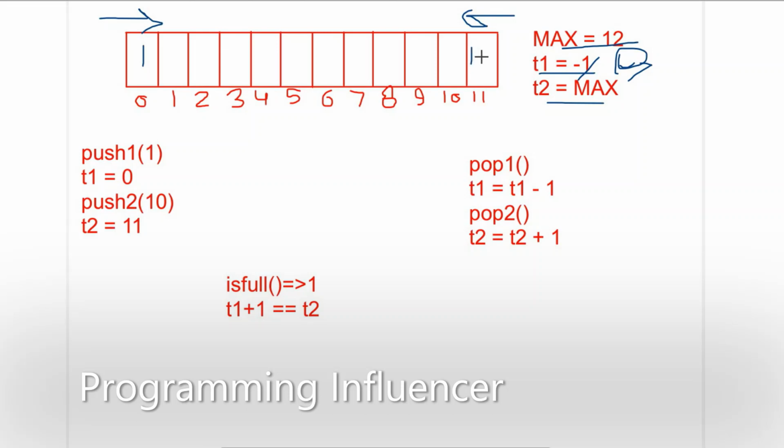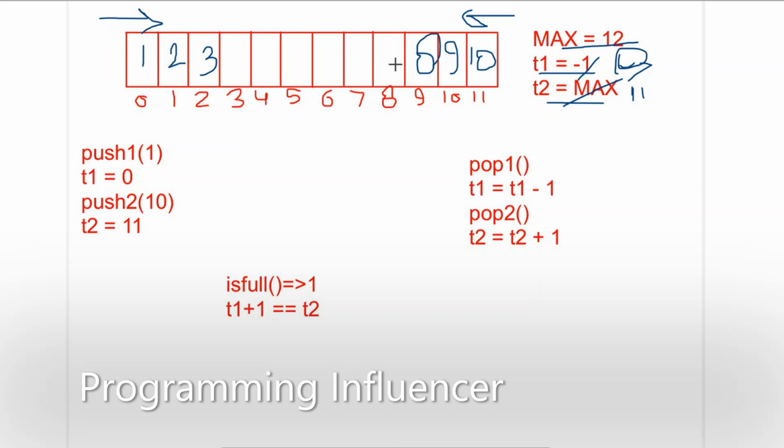The 10 will be here, and T2 will now be 11. At the 11th place we can find the top element of stack 2. After that we push 2 into stack 1 and 9 into stack 2, 3 into stack 1 and 8 into stack 2.